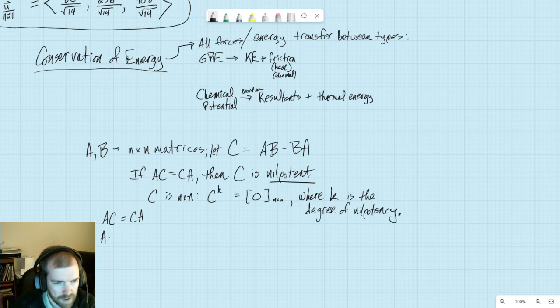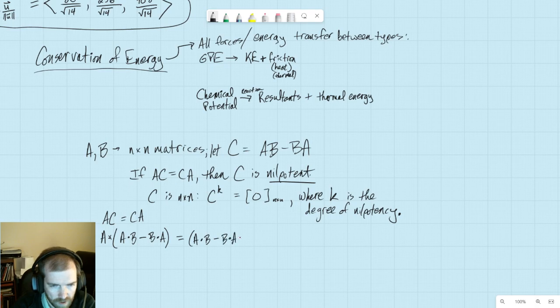So this is going to be A times, left multiplication, A times (B minus B times A) is equal to... C, no, don't have C anymore. It's going to be, by association, (A times B minus B times A) right-multiplied by A.